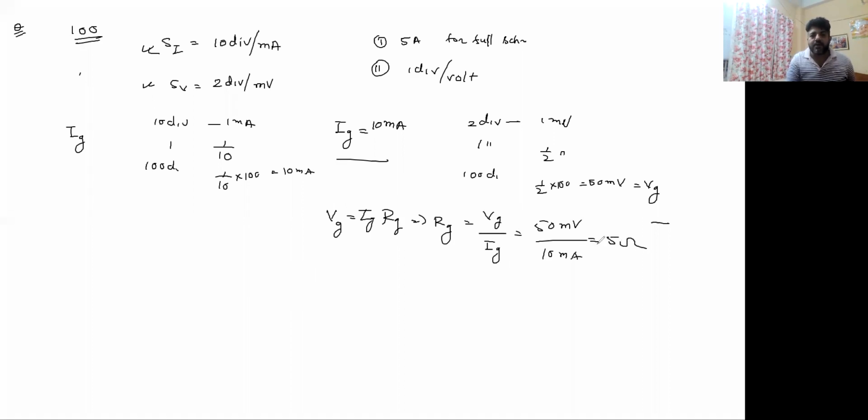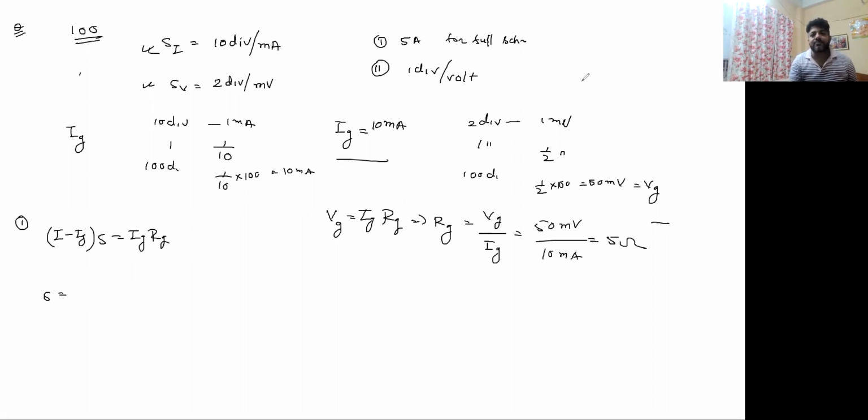After completing all this, now I am trying to convert it into 5 ampere. How do we convert this? (I minus Ig) into S equals Ig Rg. So S is Ig Rg upon (I minus Ig).